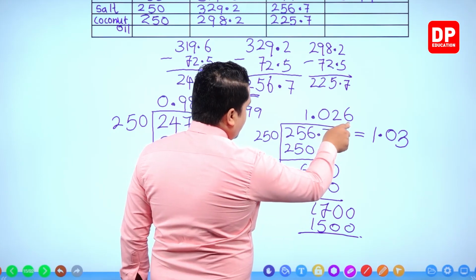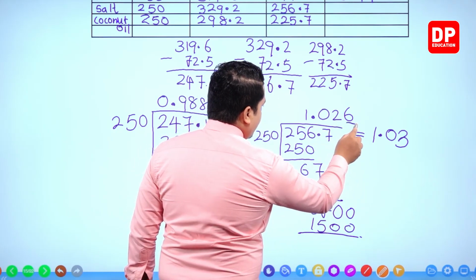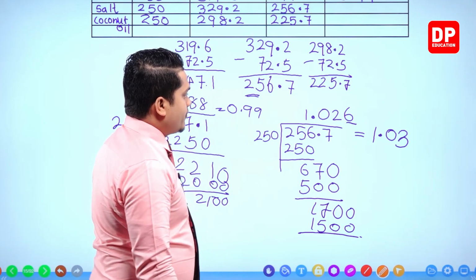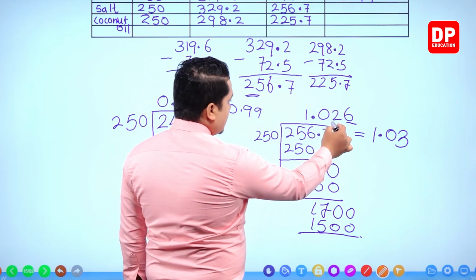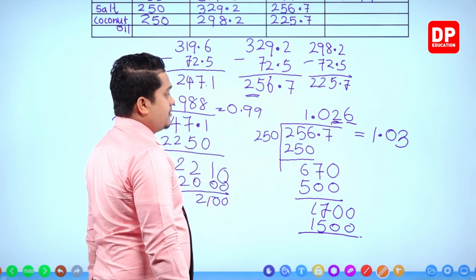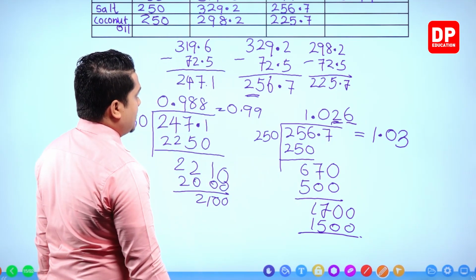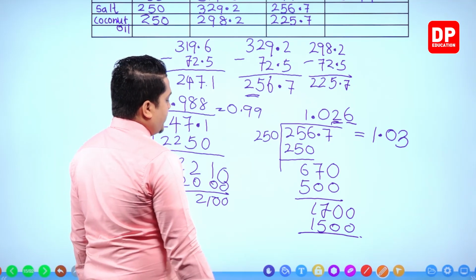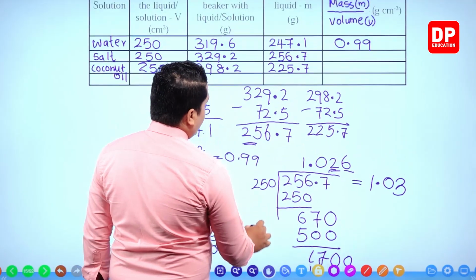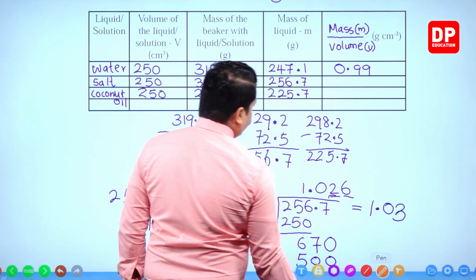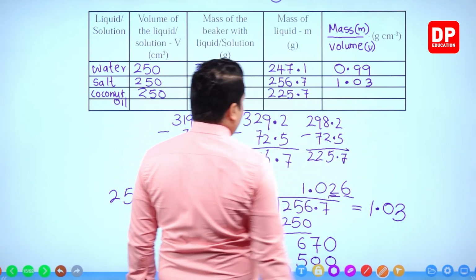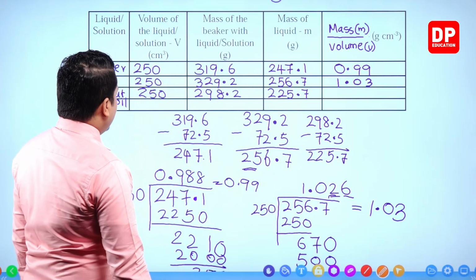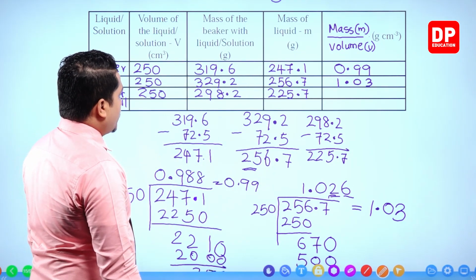The third decimal place is 6, greater than 5, so when rounding off you have to add 1 to the second decimal place. So it becomes 3. 1.03 is the answer. We'll complete the table: 1.03. Then the third and final one, coconut oil.